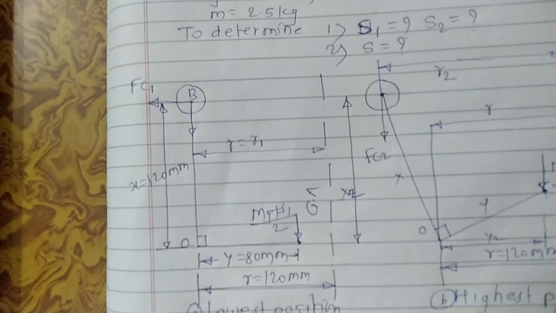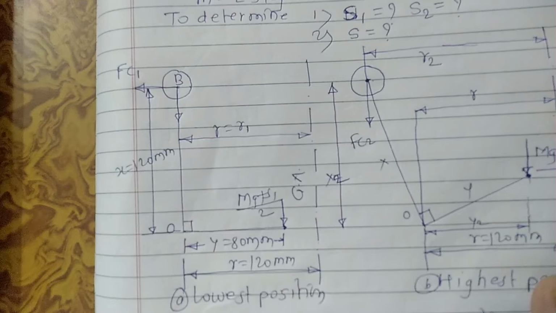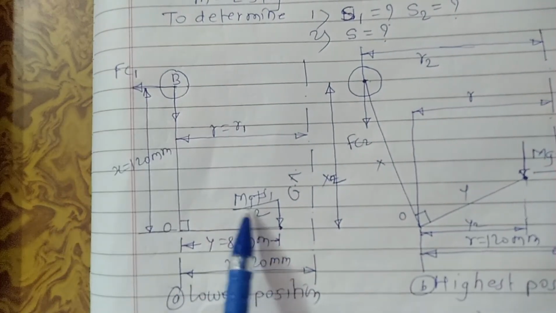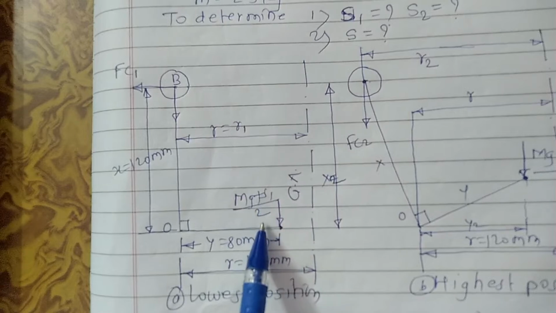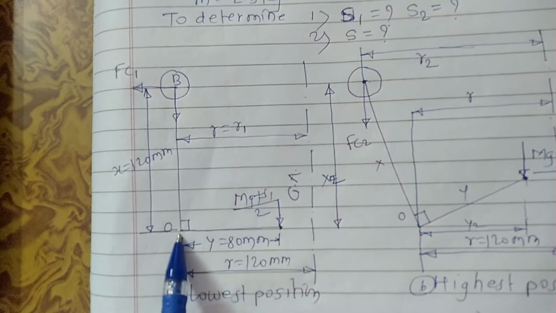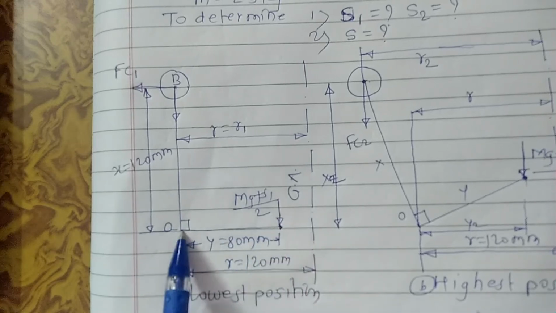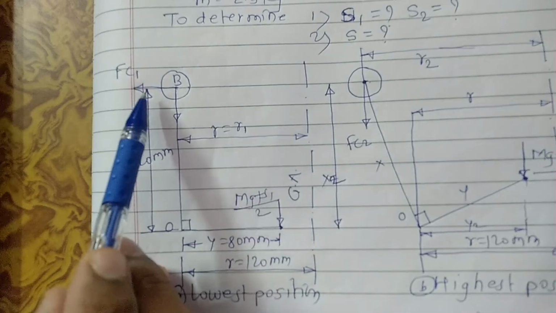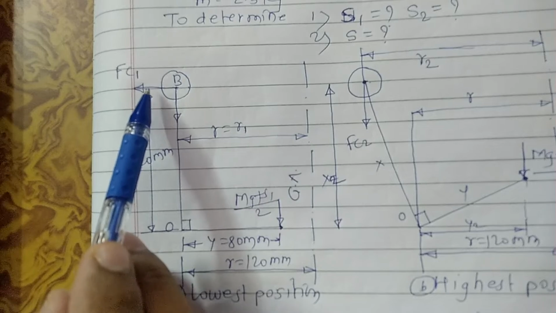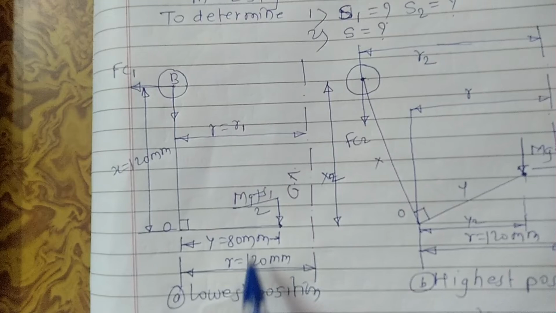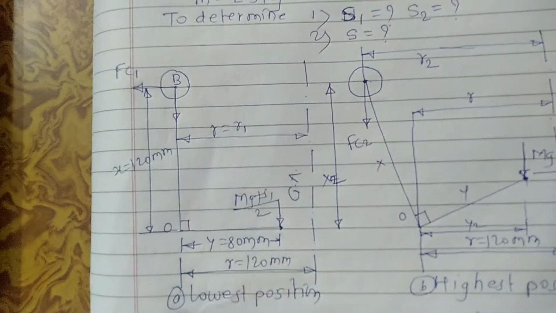For the equilibrium of the system, you have to take the moment of this force (mg + s1)/2 about this point. This moves about this point in the clockwise direction, and if I take the moment of this Fc1 about this point, it moves in the anti-clockwise direction.